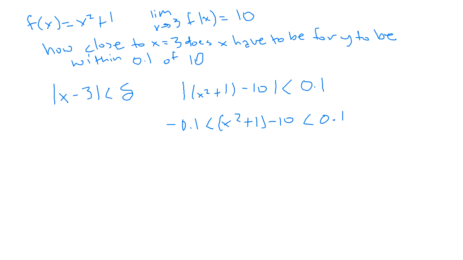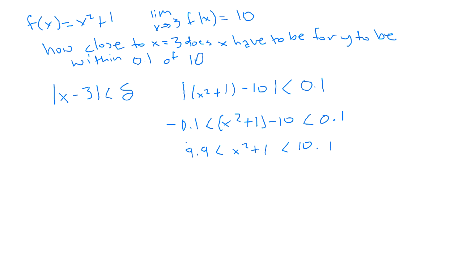Let's get this 10 out of the way to clean it up a little more. So we have 9.9 is less than x squared plus 1, which is less than 10.1. All right, so this gives us something we can work with. Now, in order to figure out what our delta is, we have to figure out what our x is. We can work backwards and find our x in order to find our delta.